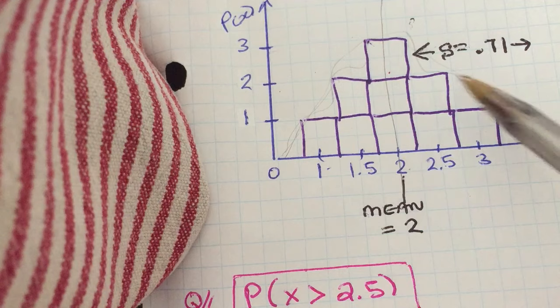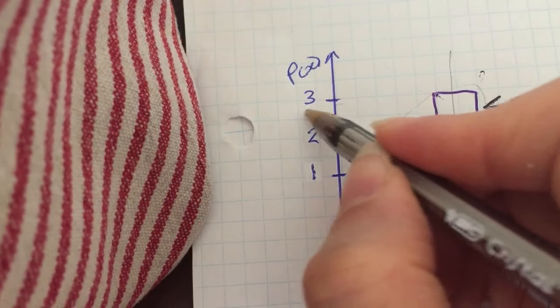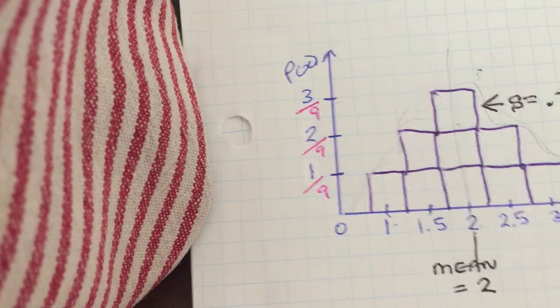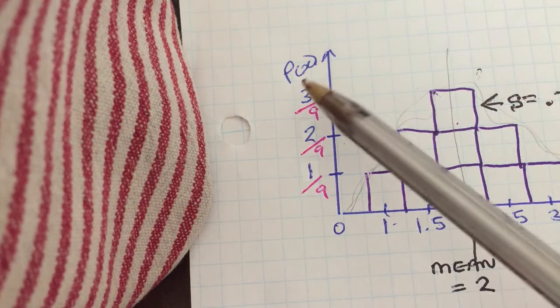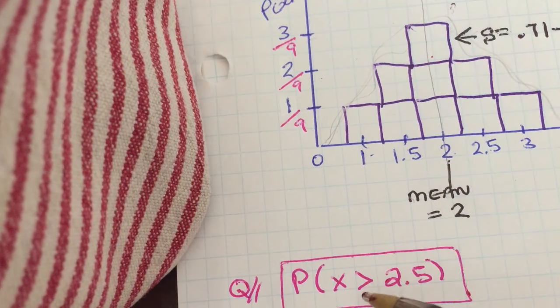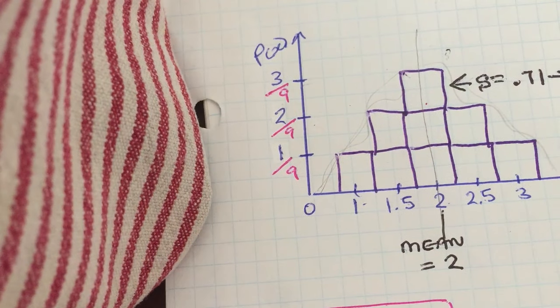So of all the possibilities, there are 9 possibilities, so you put everything over 9, because this is a probability function.